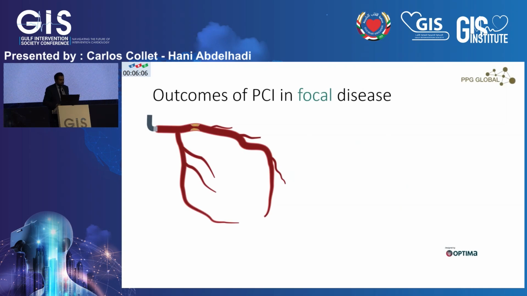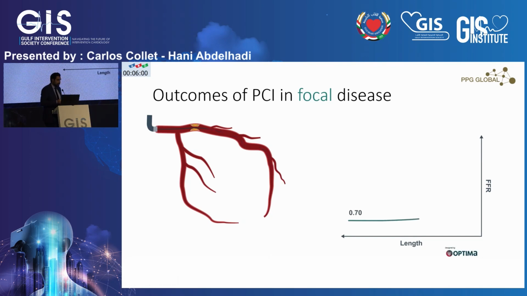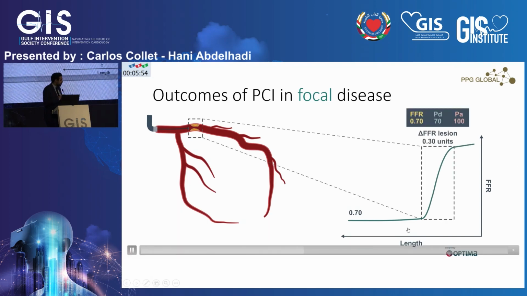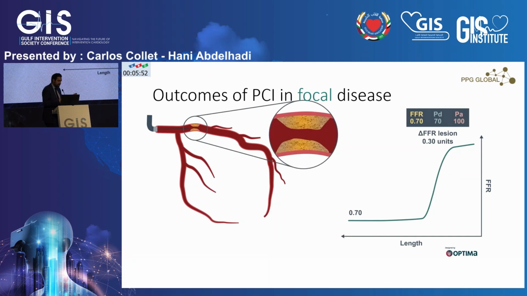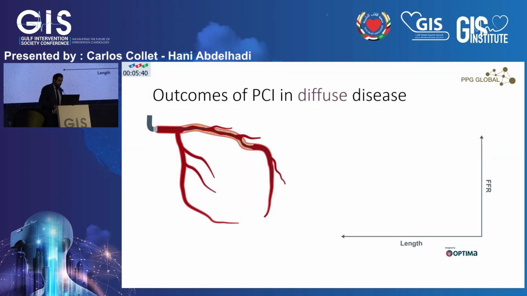When you have focal coronary artery disease, there is a clear step-up in the pullback curve, like you showed with your iFR tracing. And these are the best cases for PCI, because when you put the stent, as you showed in your case, this really alleviates the problem at the epicardial vessel, and the flow is completely restored, as you see in the slide. Now, you didn't do the PCI in diffuse disease, and I think you were completely right.